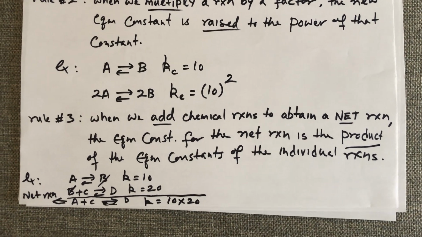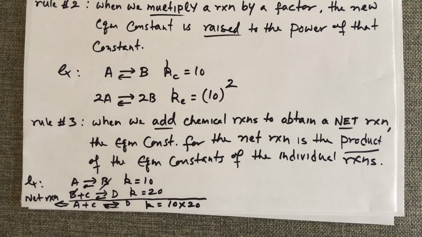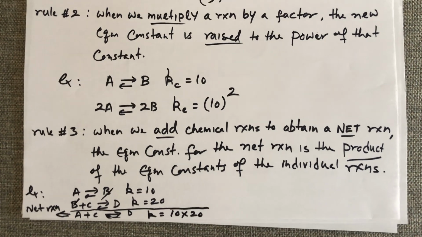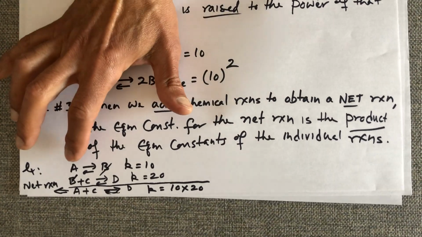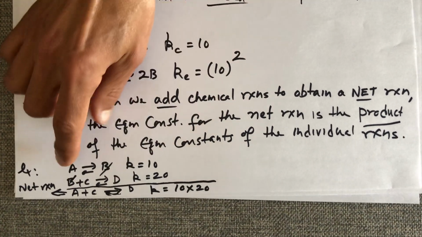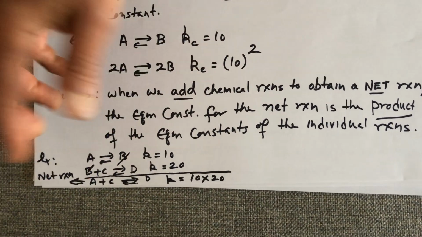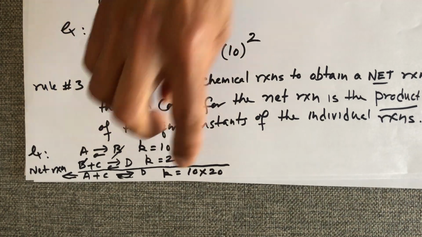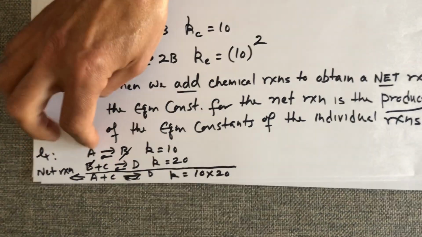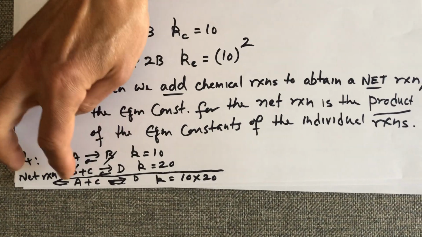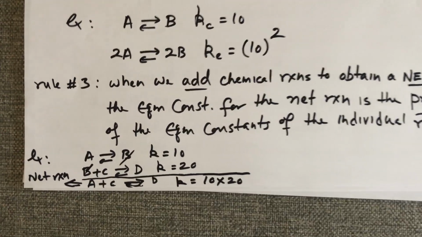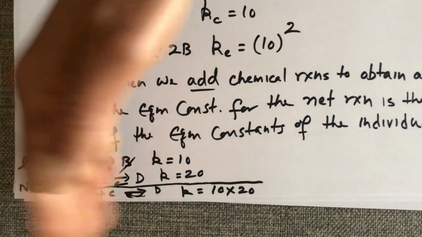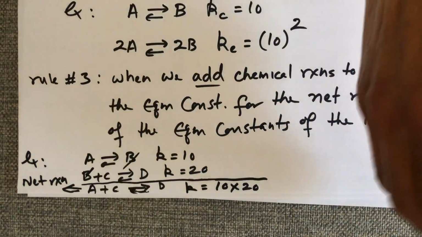Rule number 3, when we add chemical reactions to obtain a net reaction or a sum reaction, the equilibrium constant for the net reaction is going to be the product of the individual reactions. So, for example, if A goes to B has a K equal to 10, B plus C, another reaction, goes to D, has a K equal to 20. Now, when we add these two reactions, meaning that we cancel out the identical components on opposite sides, then A plus C on this side remains, and D remains on the other side.